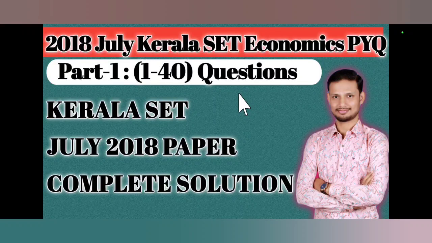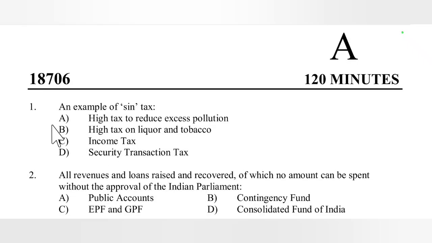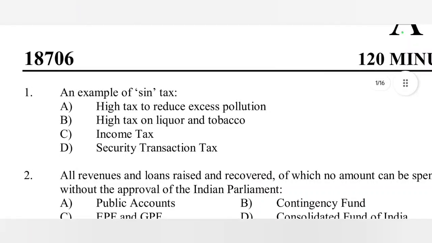So let's start today's video, 2018 July Kerala SET. Question number 1: an example of sin tax. Sin tax means high tax on liquor and tobacco. Sin means one type of bad activity.